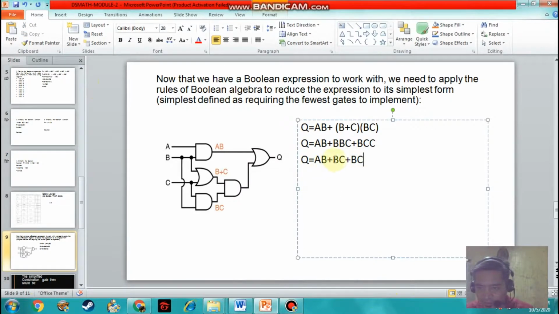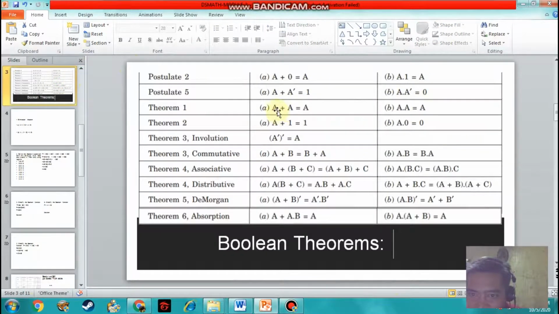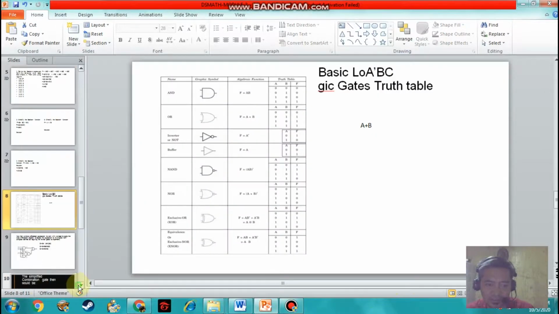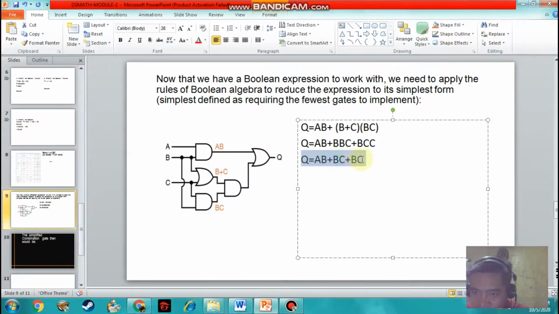So, parang sinabi ko na lang din na A plus A yan is A. Balikan natin. So, A plus A is A. So, in that case, balikan natin yan. So, parang A plus A na lang itong dalawa na to, diba? So, BC na lang yan. Q is equal to AB plus BC.